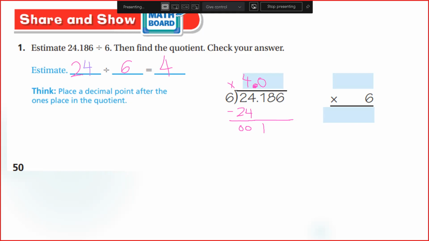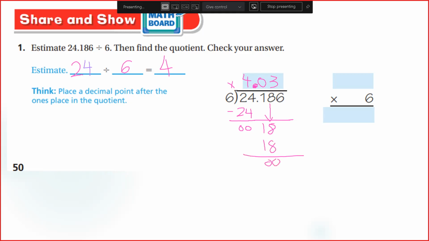Then next, what do you have to put? You will call the 8 now. Then now 18 over 6 is 3. 3 times 6 is 18.